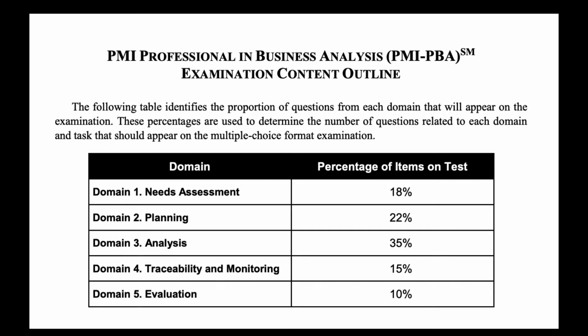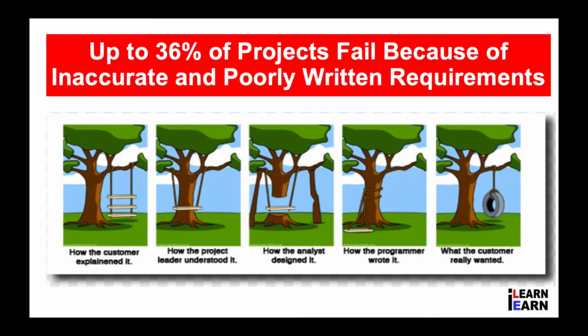We introduce another bonus lecture after analysis because this is where the skill is needed. Again, these bonus lectures are standalone courses that we have included here as a bonus to you. Up to 36% of projects fail because of inaccurate or poorly written requirements.